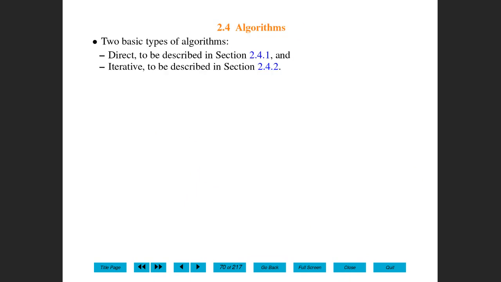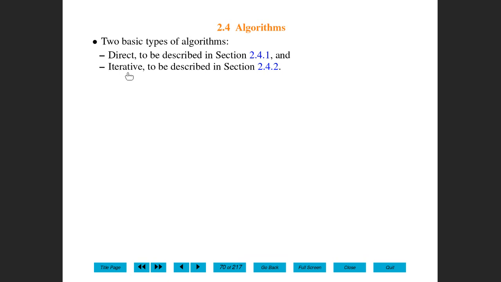Okay, let's talk about some algorithms. We will see that there are two kinds of algorithms. The first one is direct. Direct algorithms means that we will directly get to the solution. They seem really wonderful, but we will see there is a catch. The other one is known as iterative.